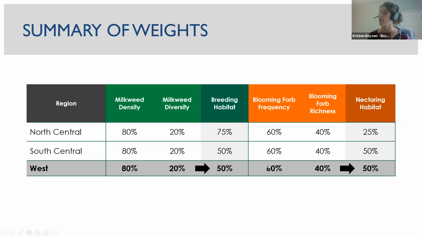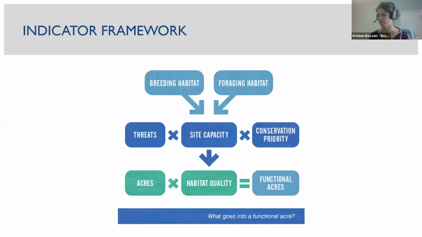Similarly, for foraging habitat, blooming forb frequency is weighted slightly higher than the species richness. Then the breeding habitat and the nectaring habitat are combined in equal weights to get that site capacity. So again, once you have site capacity, you combine it with the threats, you combine it with the conservation priority, and you get your habitat quality.